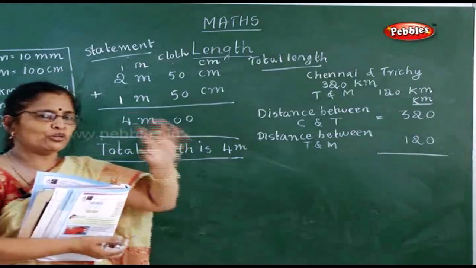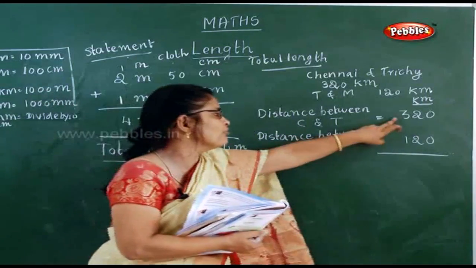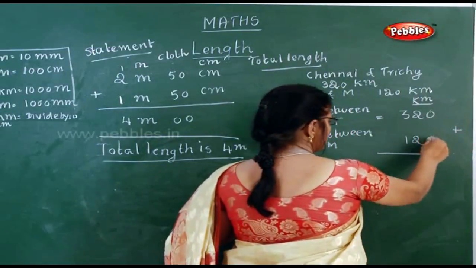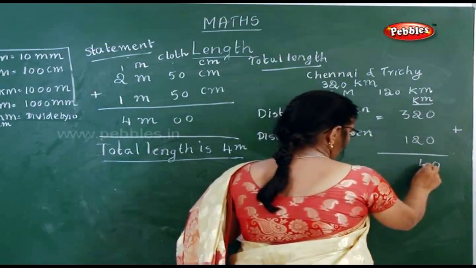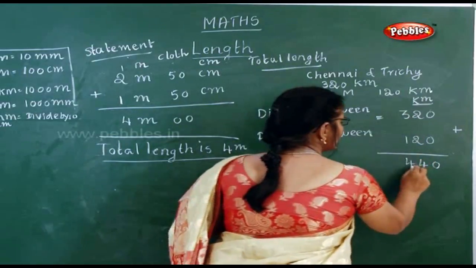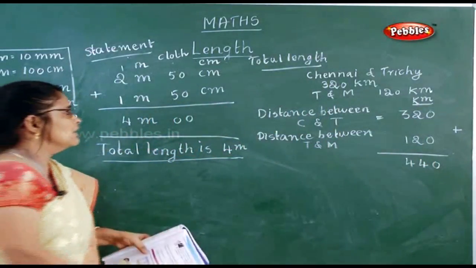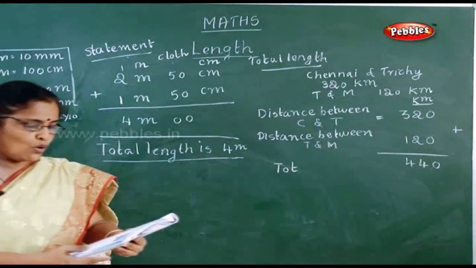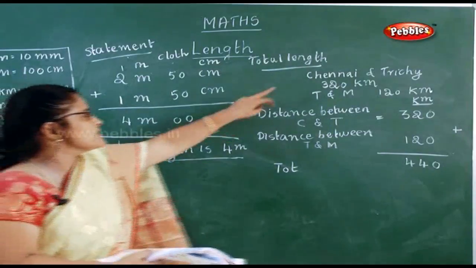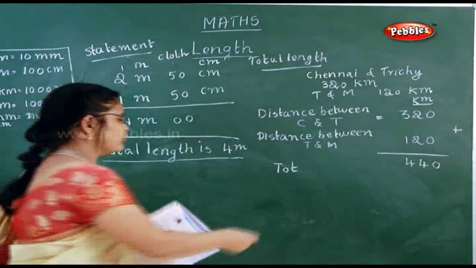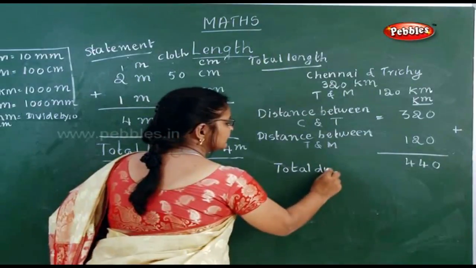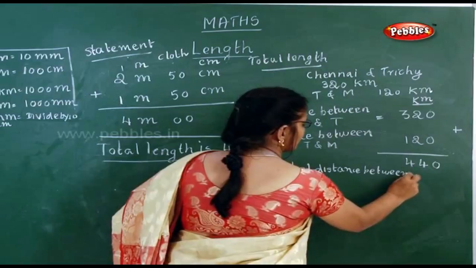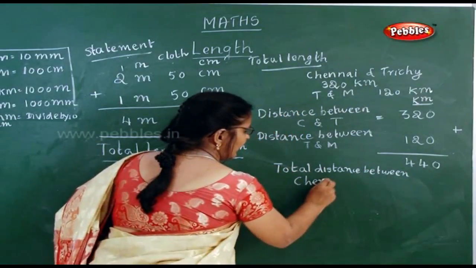So when they ask you to find a total, you have to add it. 0 plus 0 is 0. 2 plus 2 is 4. 3 plus 1 is 4. Now what do you have to write as the answer? What is the question they have asked, my dear? What is the total distance between Chennai and Madurai? So you have to write like this: Total distance between Chennai and Madurai.